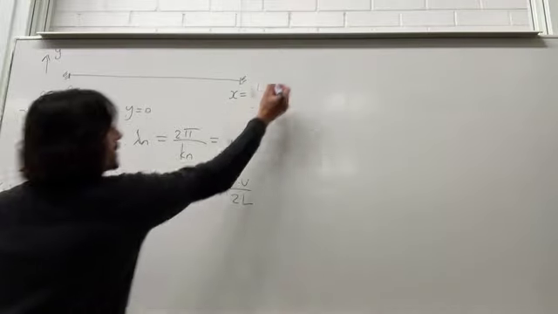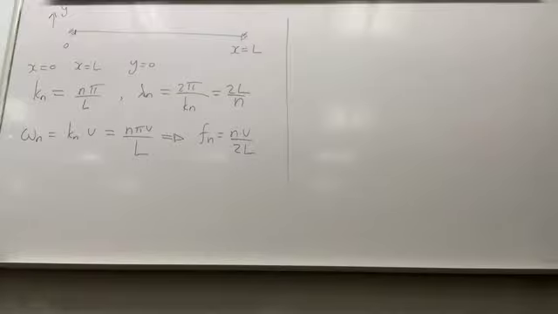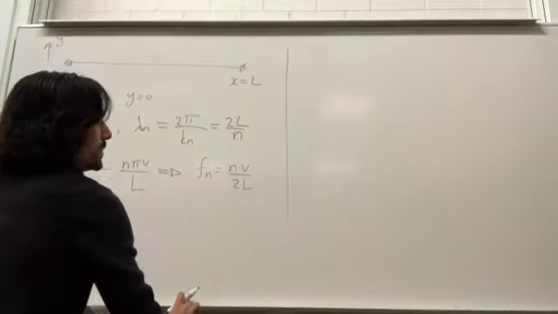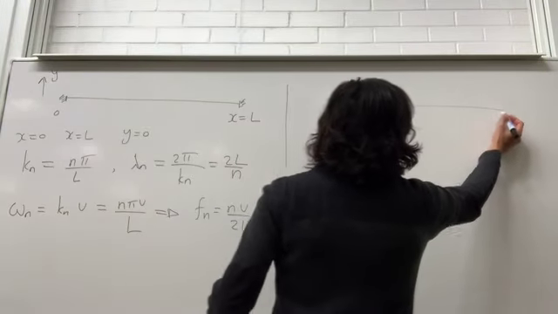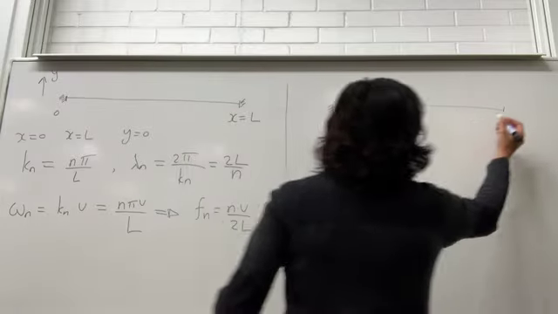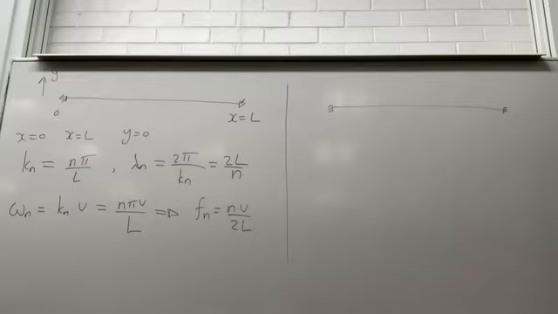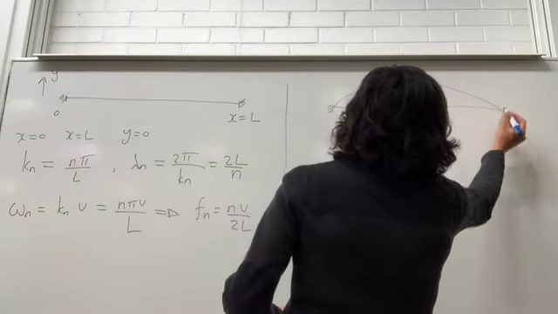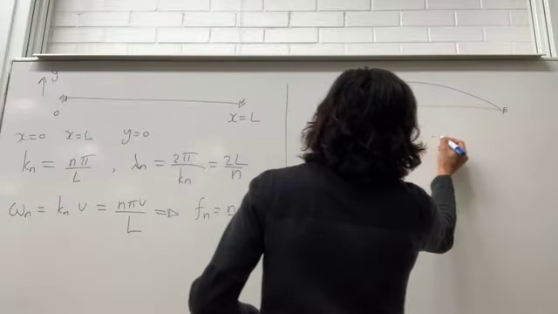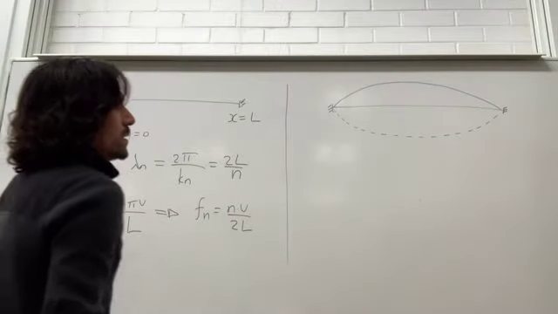Okay, so how does this oscillation look for the different modes? For the first mode, it would look like this. So it would go up and down, right.